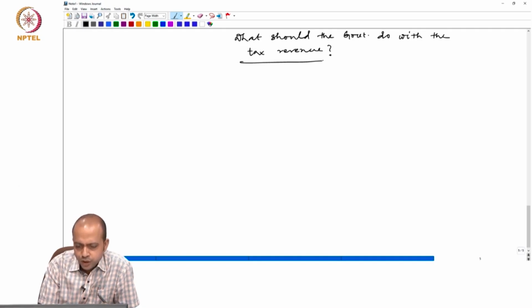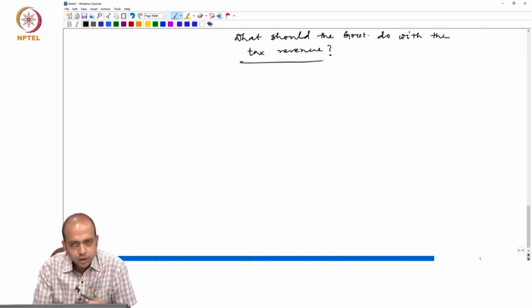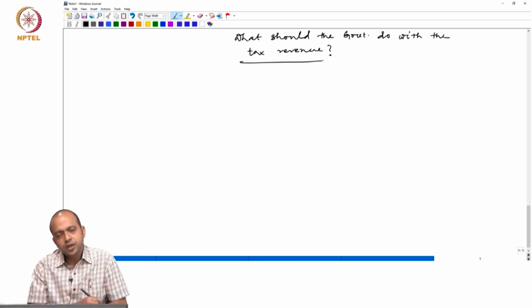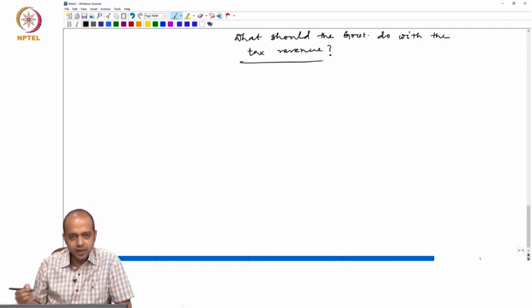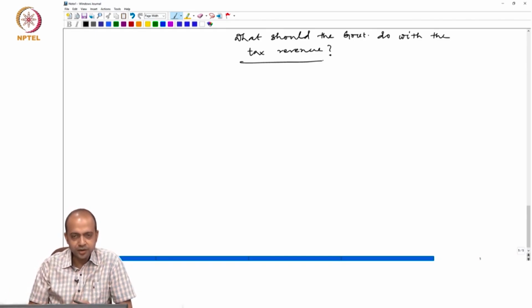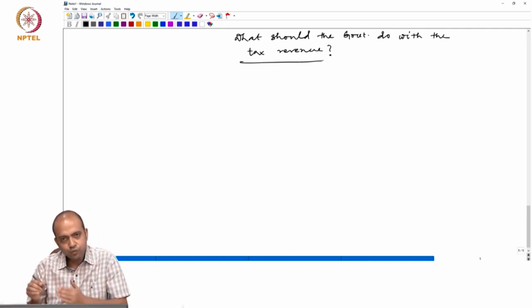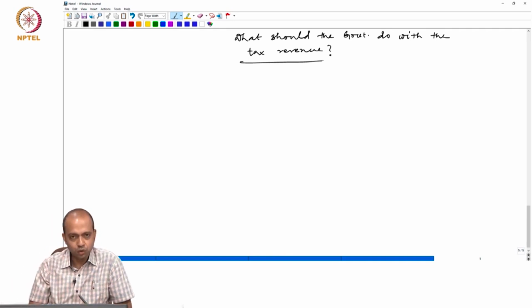Okay. Now, economists suggest that this tax revenue should be used in other areas in such a way that society's reliance on tax revenue from some other sources goes down.